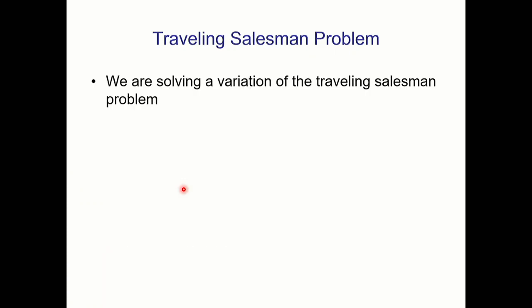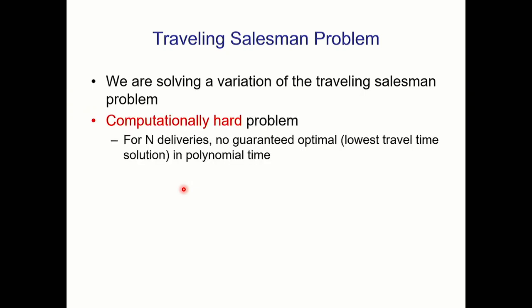So yeah, again, this is a variation of a popular problem called the traveling salesman problem. And this problem is known to be computationally hard because we saw that we cannot find an optimal solution in a reasonable time, okay? When we say a problem is computationally hard, that means that there is no algorithm that can achieve the best solution, the perfect solution, within polynomial time.